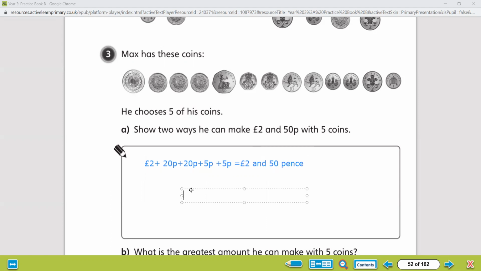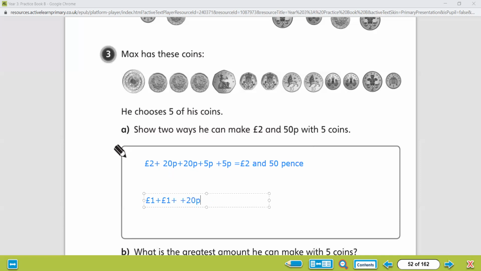Right, let's have a look at a different way. This time I'm going to start with using the pound coins. So I've got my £2 and I've used 2 coins. So I've got 3 coins left to make 50 pence. I know what I'm going to use. I'm going to use the 20 pence plus another 20 pence. Oh, I've missed my pound coin.